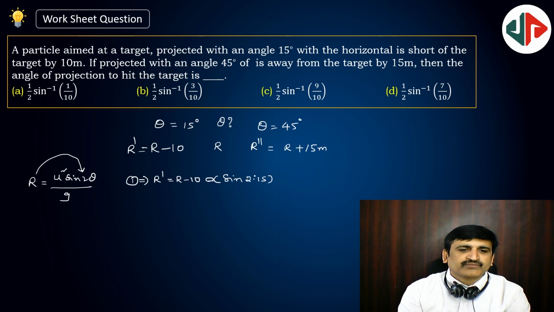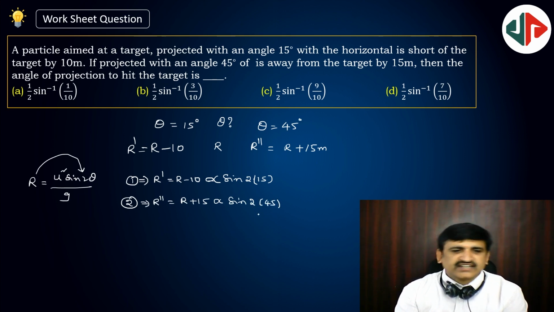And second equation, R double dash is equal to R plus 15, implies sine 2 into 45. 2 into 45 is 90, sine 90 value 1.